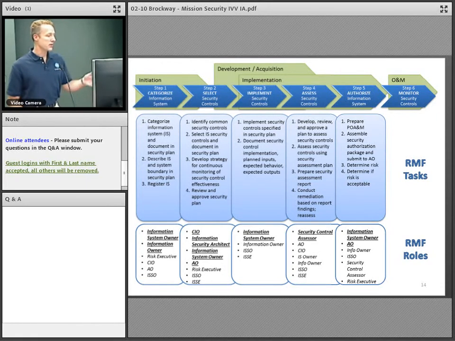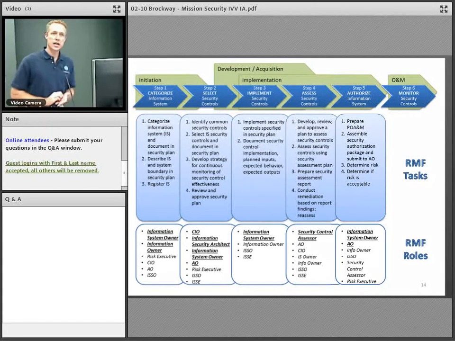And that can be anywhere from the information system owner or data owner themselves determining here are the information types and assets that we're trying to process and protect, all the way through to the risk executive who actually signs on the dotted line and accepts what that risk is.